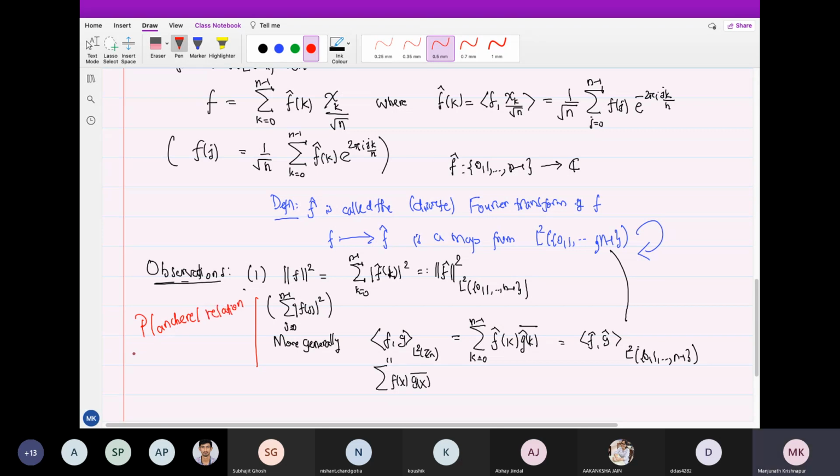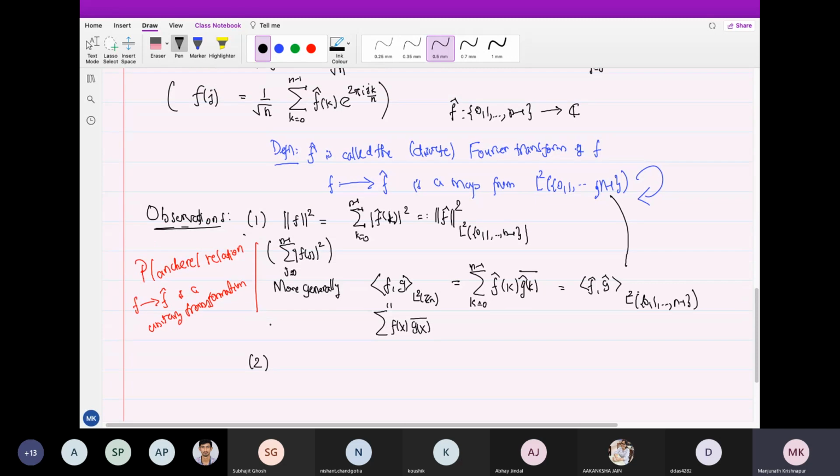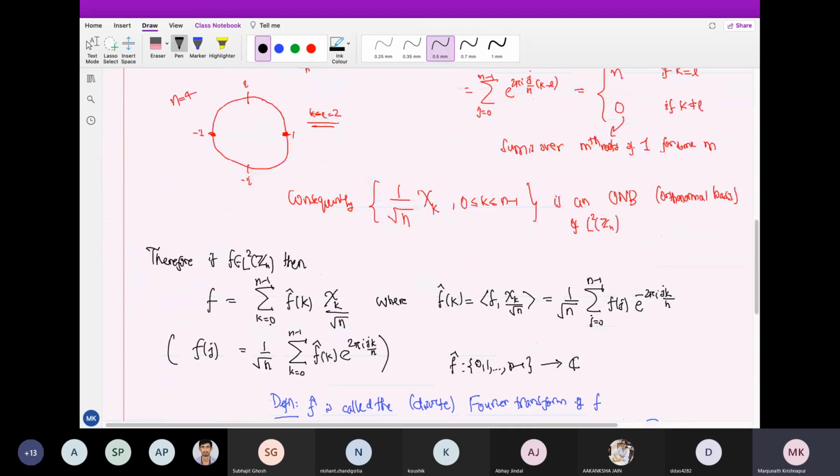One way of saying it is that f going to f hat is a unitary transformation, because it preserves inner products and consequently also the norms. So this is the Plancherel relation.